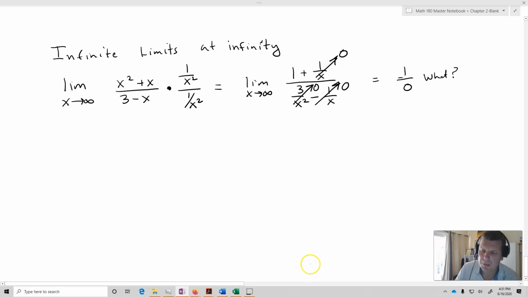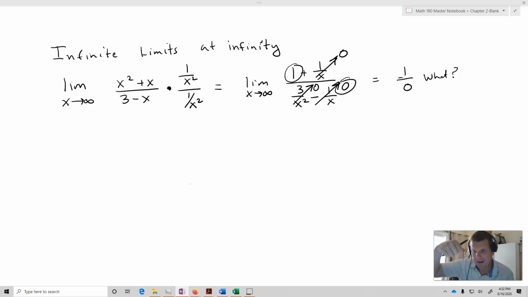So instead of multiplying by 1 over x squared divided by 1 over x squared, I'm going to actually do 1 over x, because what I really want to do here is make sure that my denominator doesn't zero out. I want to handle my denominator, and then I can deal with stuff in my numerator. Just don't let the denominator equal 0.